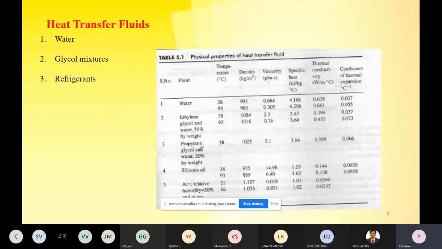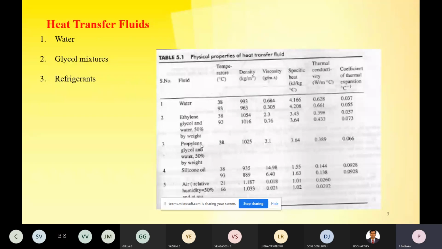Air, of course, does not have a freezing problem, but the penalty is that system performance is poor due to its low heat transfer properties. So these are the heat transfer fluids used for water heating systems, and how to choose the heat transfer fluid for a particular system.